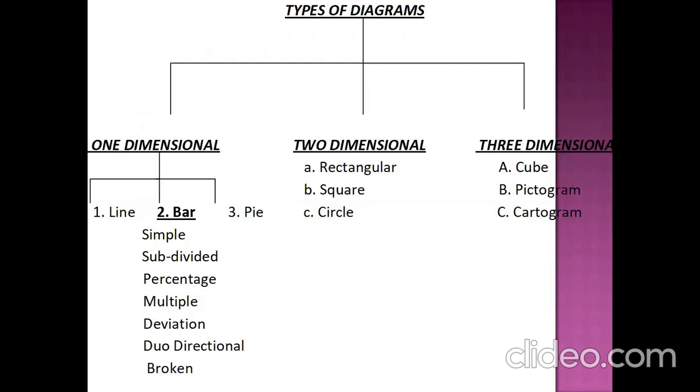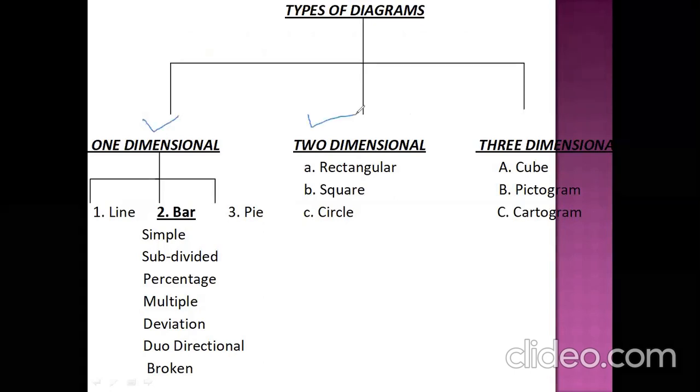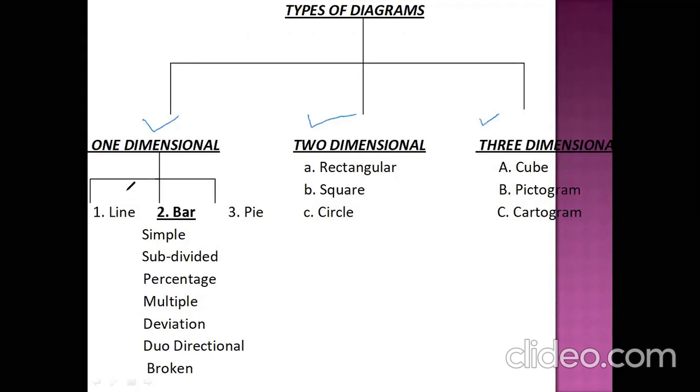So this we already know. These are the types of diagrams. Diagrams are basically divided into three types: one-dimensional diagrams, two-dimensional diagrams, three-dimensional diagrams. In one-dimensional, we saw how to draw line diagram, how to draw bar diagrams, that too simple, subdivided, percentage, multiple, deviation bar diagram, directional bar diagram, broken bar diagram.